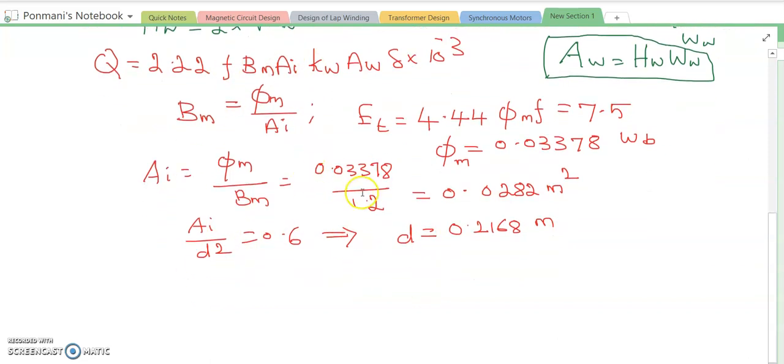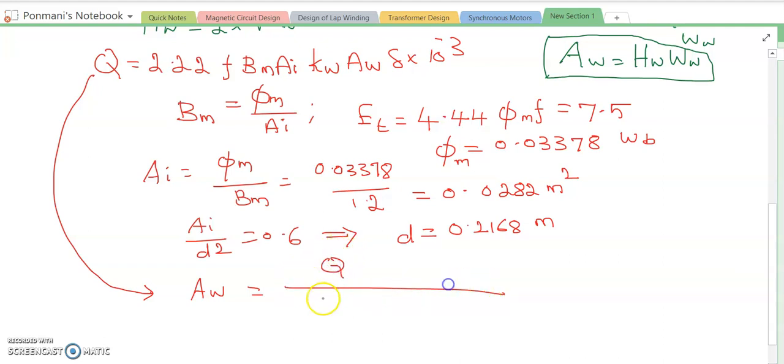So we have calculated D and A is also known to us. On substituting in this output equation, we can calculate AW. So from this equation we can write AW as Q by 2.22 F into Bm into AI.